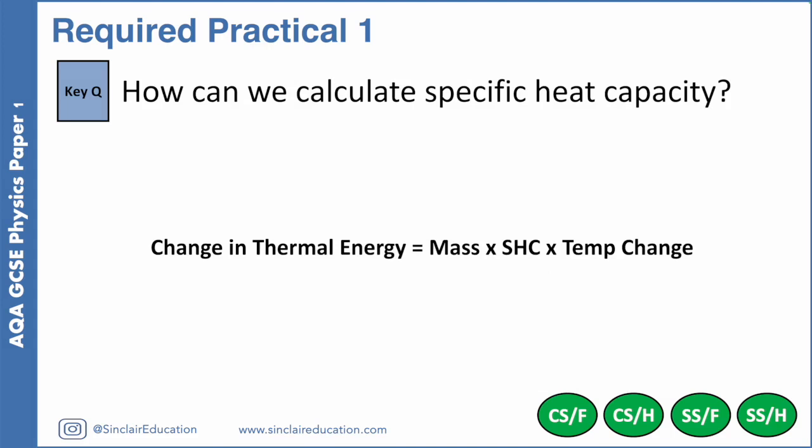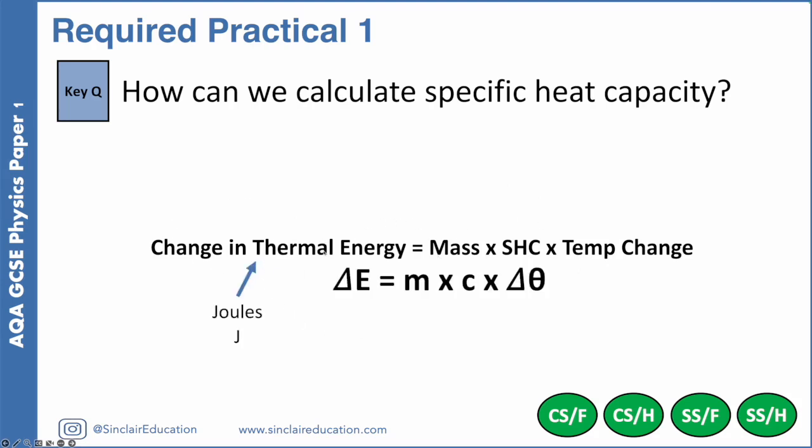With this, it does mean that we have this calculation that comes up in our exam: change in thermal energy is equal to mass times specific heat capacity times temperature change. When we explain how we are going to find the specific heat capacity of an object, we really need to talk about how we're going to find these other values.